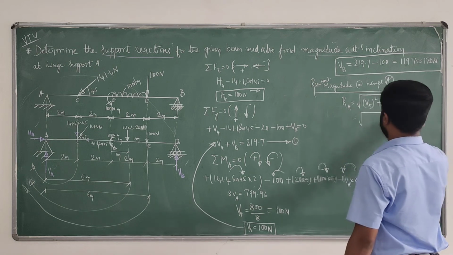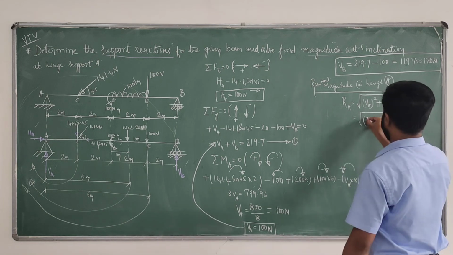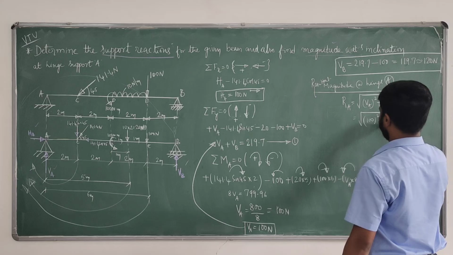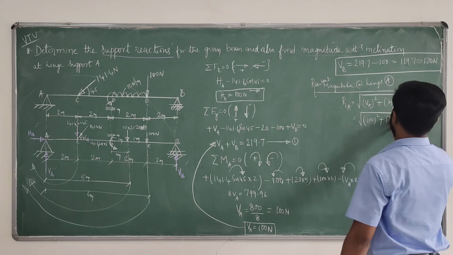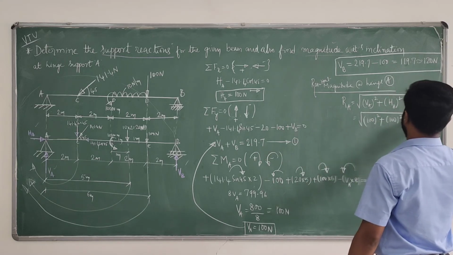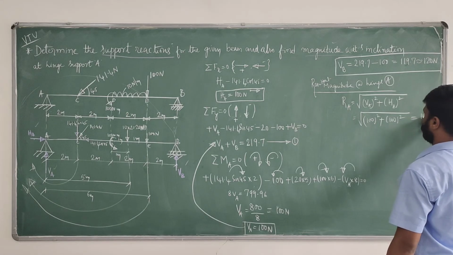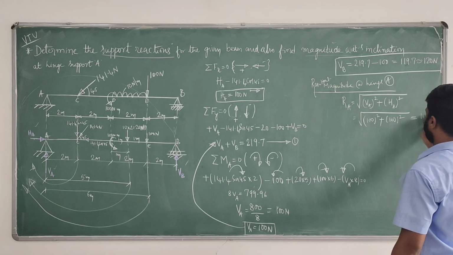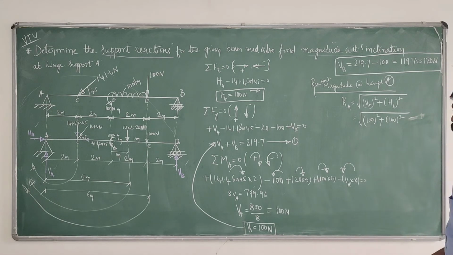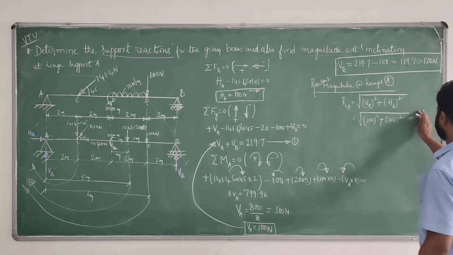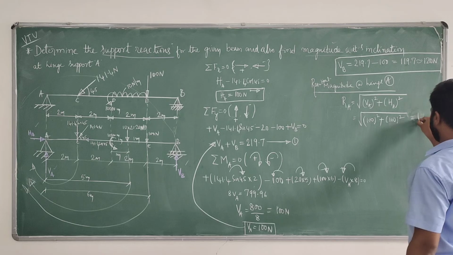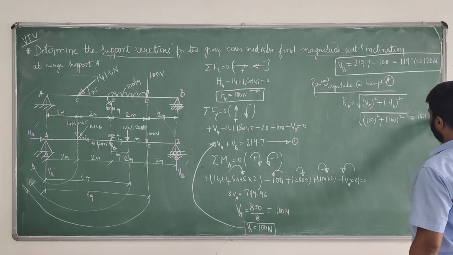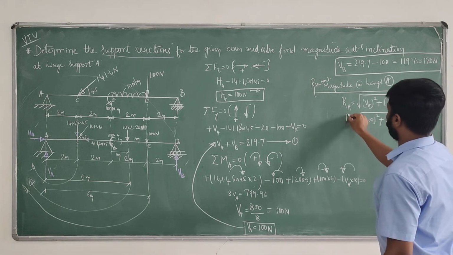So we are getting square root of 100 square plus 100 square, which is 141.42. So RA is 141.4 Newton.